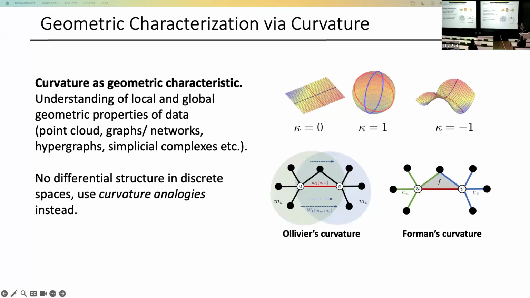If you know a little bit about how curvature is defined mathematically, you know that it's essential to have a differential structure to define curvatures. And of course, in discrete spaces, we don't have a differential structure, so we have to work around that. One way to do this is via curvature analogies. So in the first part of the talk, we will look into exactly this. How can we use curvature analogies to define discrete notions of curvature that we can then apply to discrete data structures such as graphs.